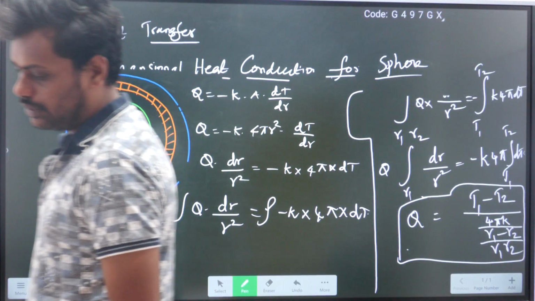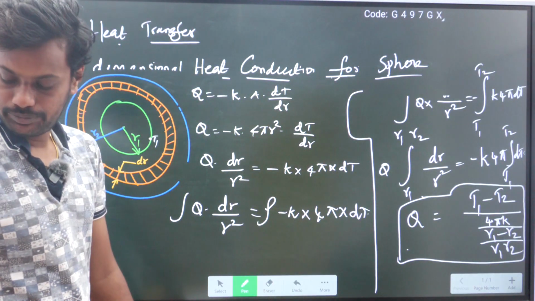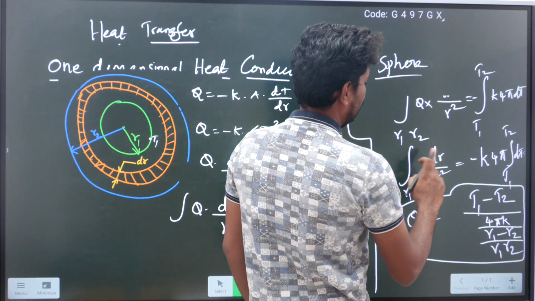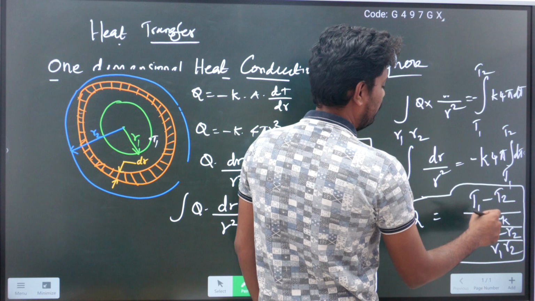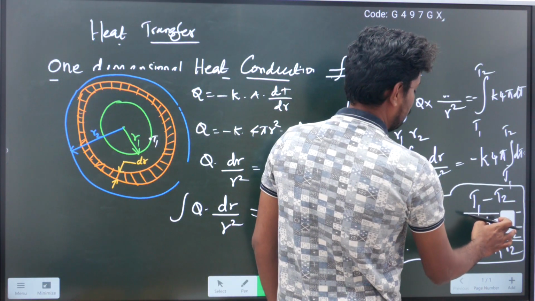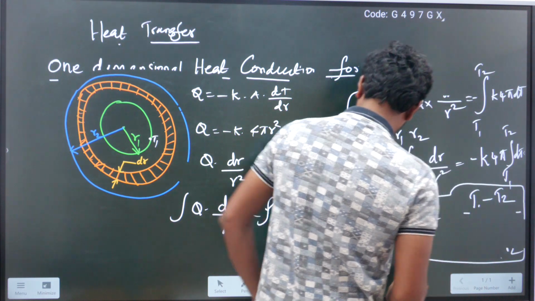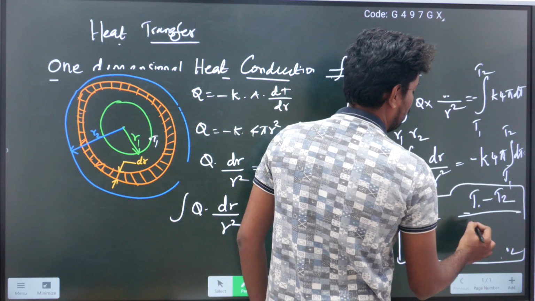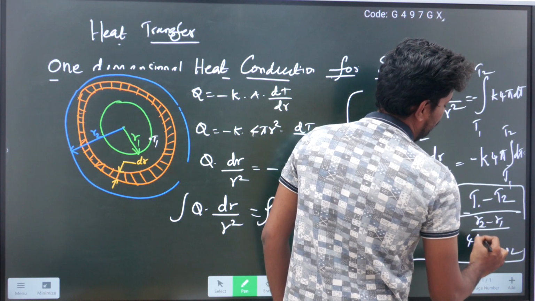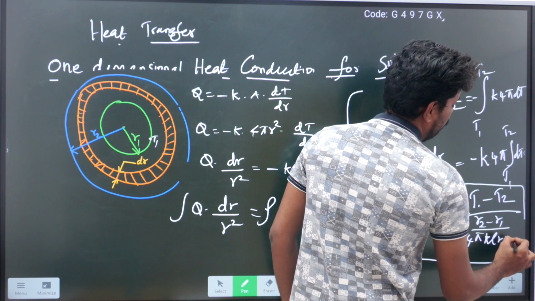We can summarize it like this: T1 minus T2, this 4 pi K, sorry, this will become R2 minus R1 by 4 pi K into R1 R2.